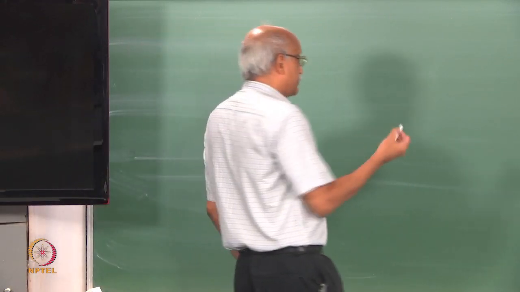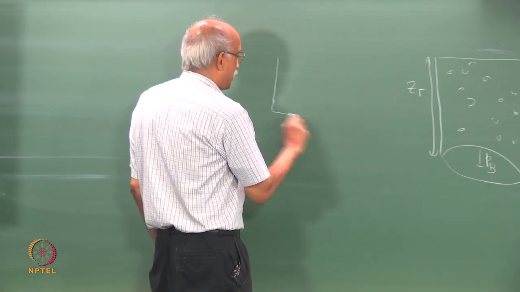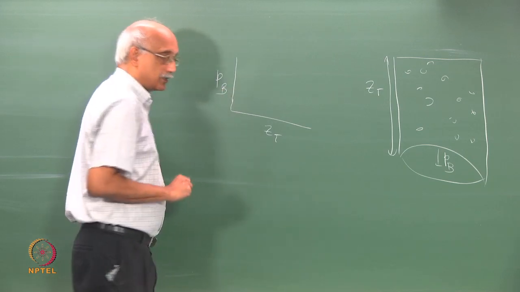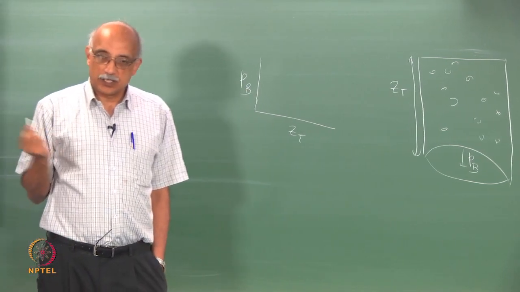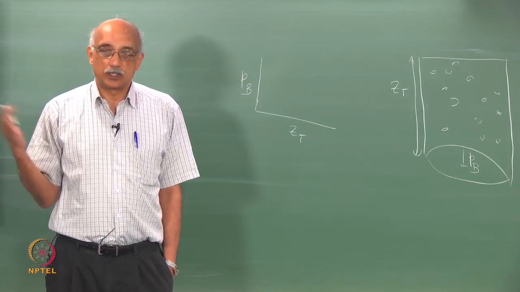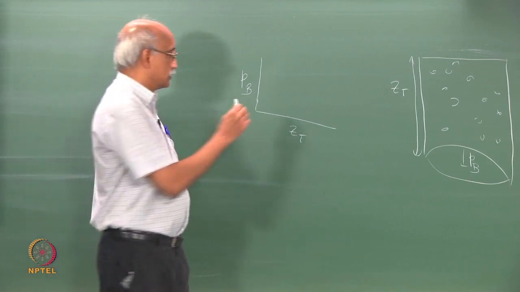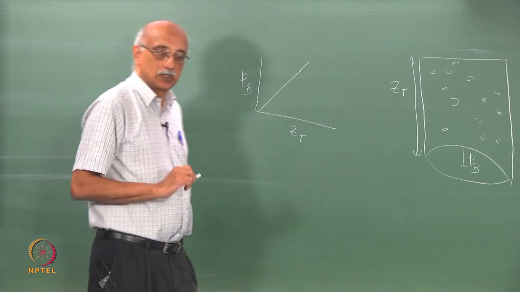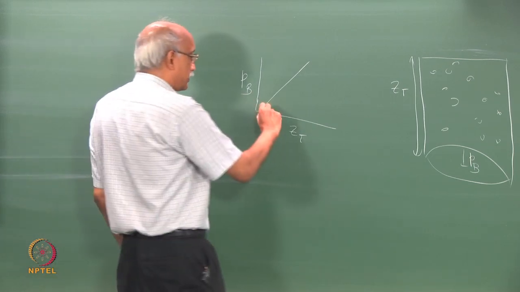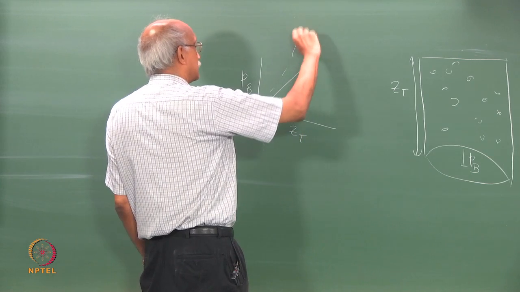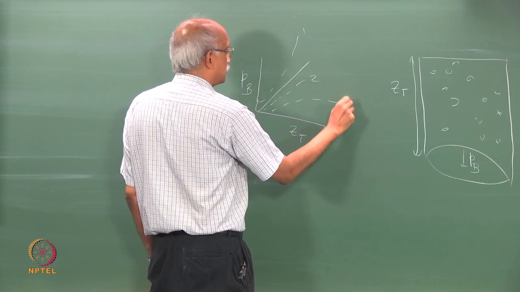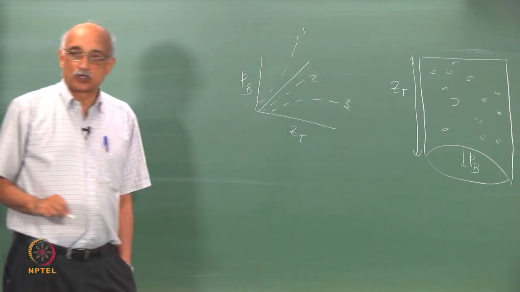And I will tell you as a preview that what you will find is, if you plot the height of the bin versus pressure at the base, what kind of relationship do you see if you have liquid storage? Let us say it is a normal Newtonian liquid, something like this, right. Now, if you have particulates stored, what do you think will happen? Will it also look linear, or will it go like this, or will it go like this? Let us say this is 1, 2, 3. Which do you think is more likely?